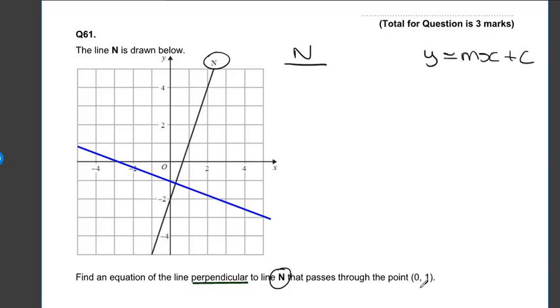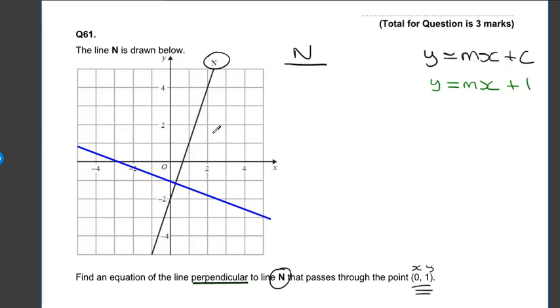We are told that it crosses the y-axis at 1. So we're already given c. So we know that y equals mx plus 1. They gave it to us. So all we need to do is get the gradient of n, turn it upside down, and change the sign.